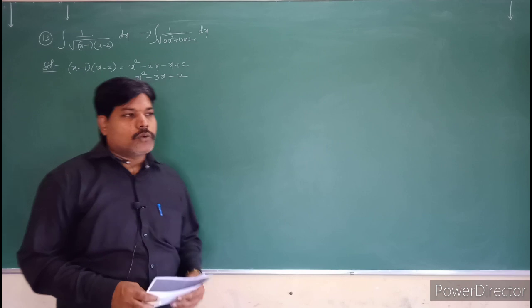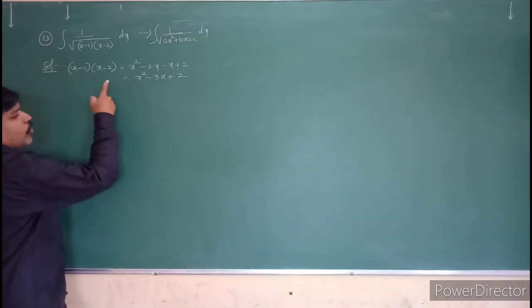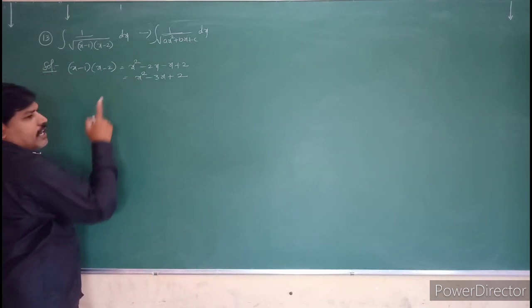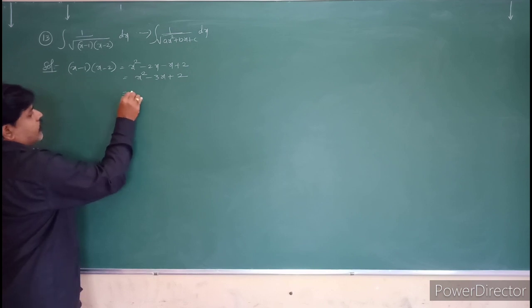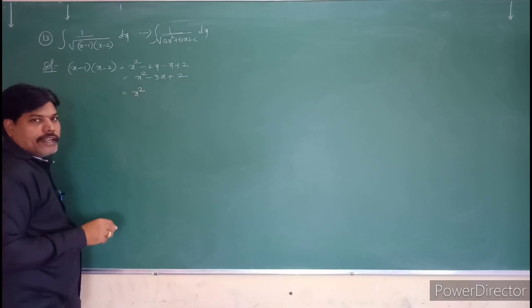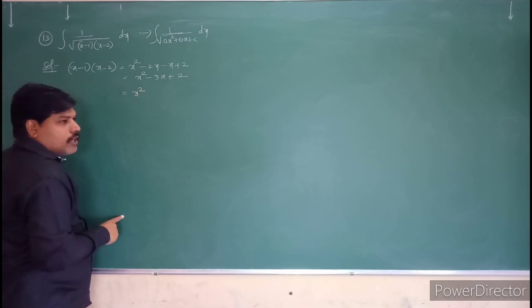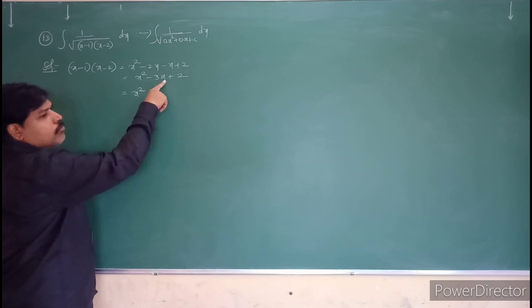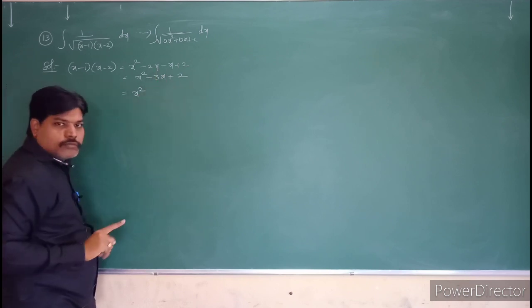So what I told, the x square coefficient you have to take common. Here there is no x square coefficient, so I am not taking any term common. But the x term you have to multiply and divide with 2.